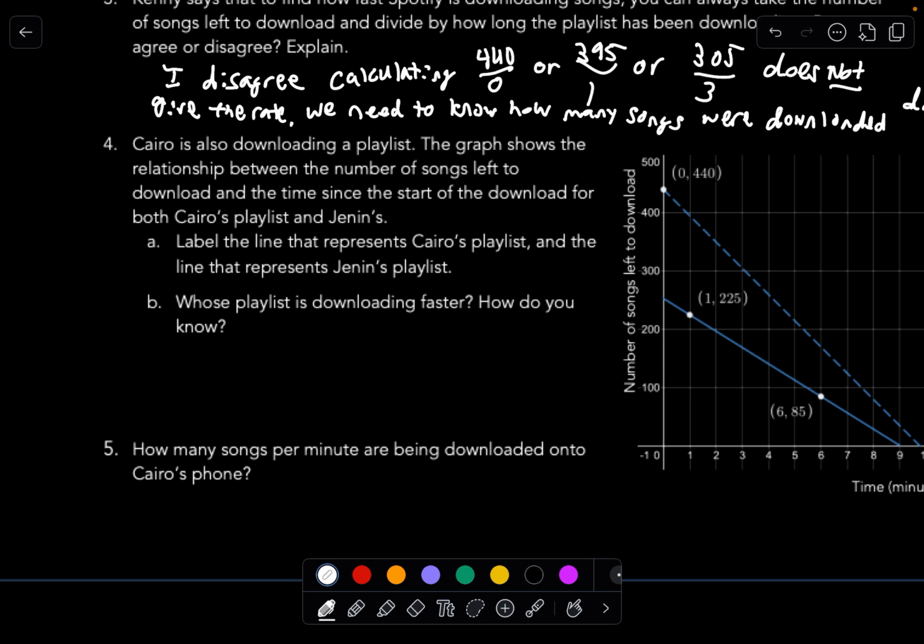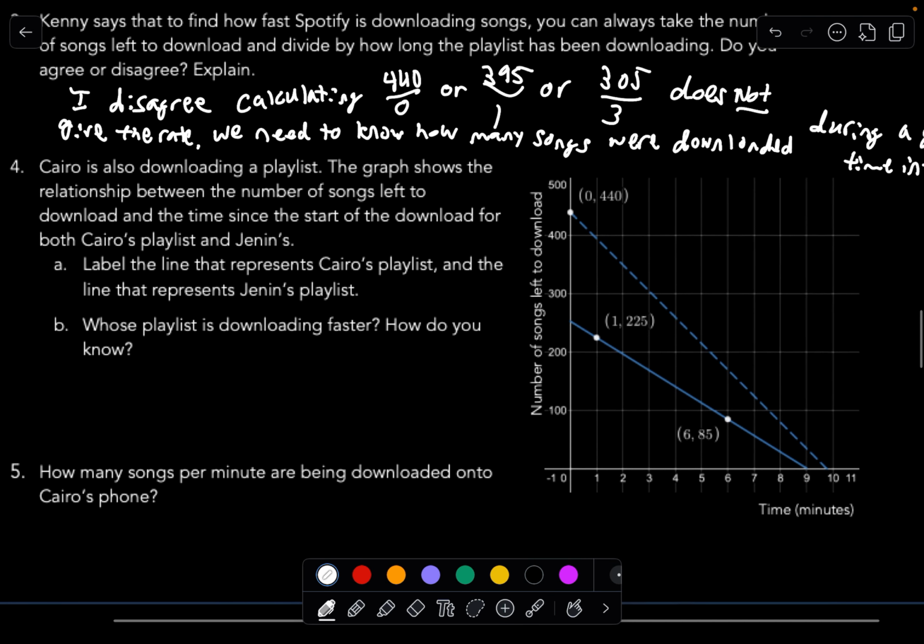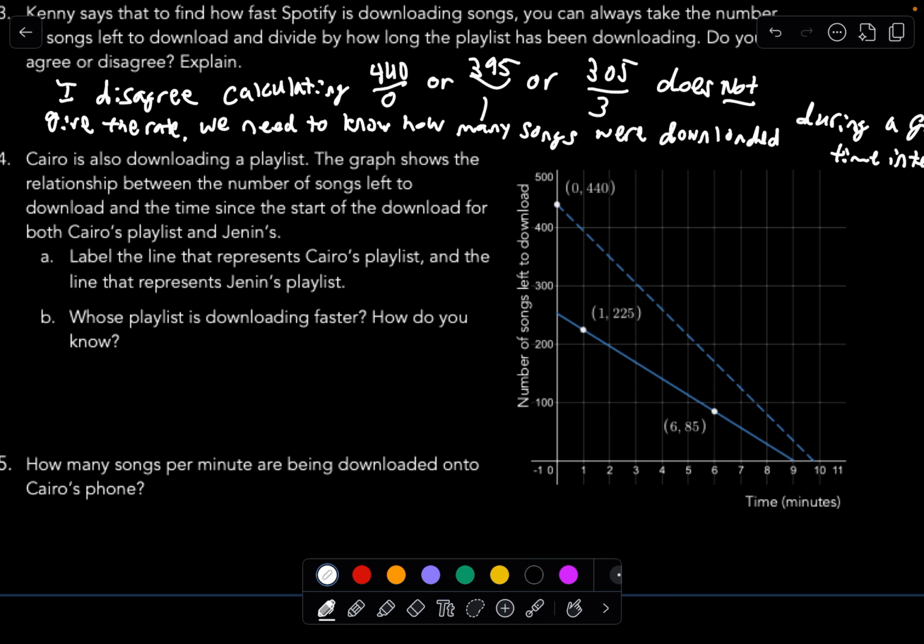A, label the line that represents Cairo's playlist and the line that represents Janine's playlist. Well, we know Janine started with 440 songs. So if you look at this, that means that this must be Janine. And then obviously, since there's only two graphs, this bottom graph must be Cairo's.